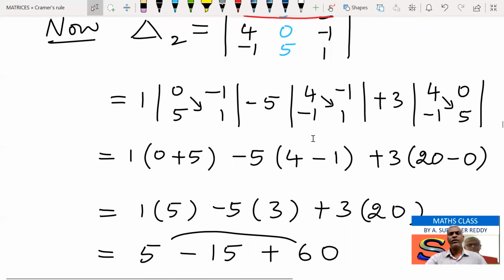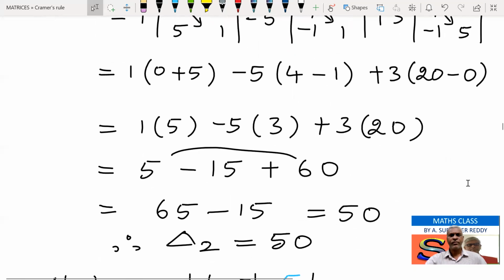And minus 5 into 4 into 1 is 4, minus 1 into -1 is plus 1. 3 into 4 into 5 is 20, minus 1 into 0 is 0, minus 1 into 0 is 0. So 0, 5 5, 4 minus 1 is 3, 20 minus 0.